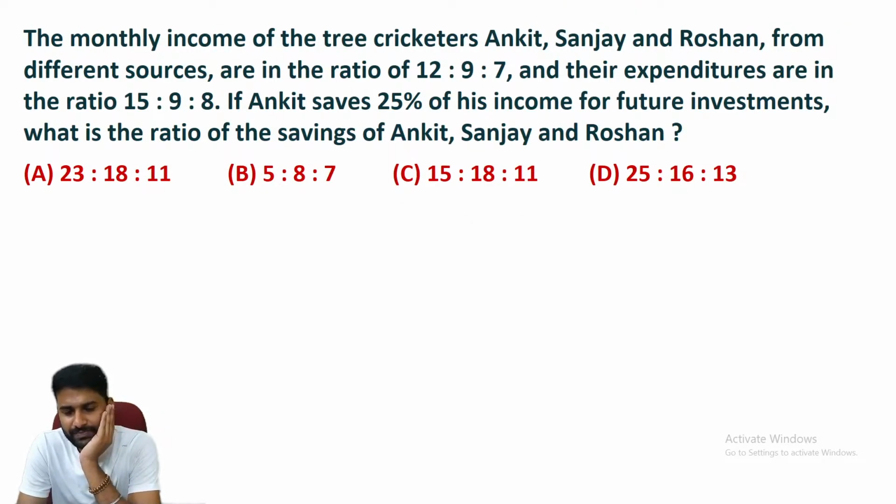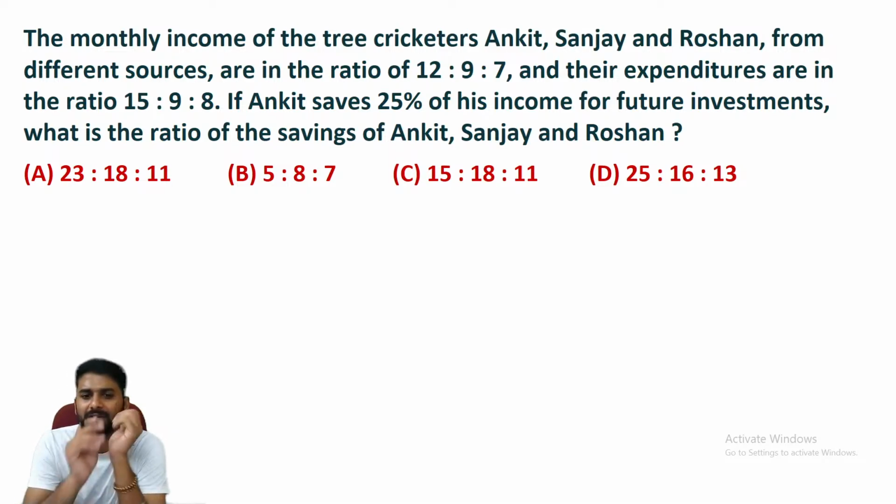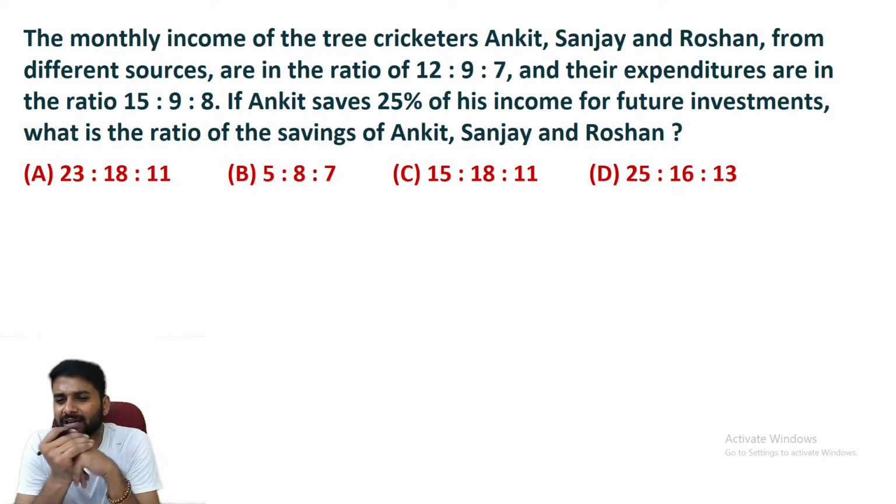Go through this question. The monthly income of three cricketers, Ankit, Sanjay, Roshan, from different sources are in the ratio of 12, 9, and 7, and their expenditure is in the ratio of 15, 9, and 8. Ankit saved 25% of income for future investment.